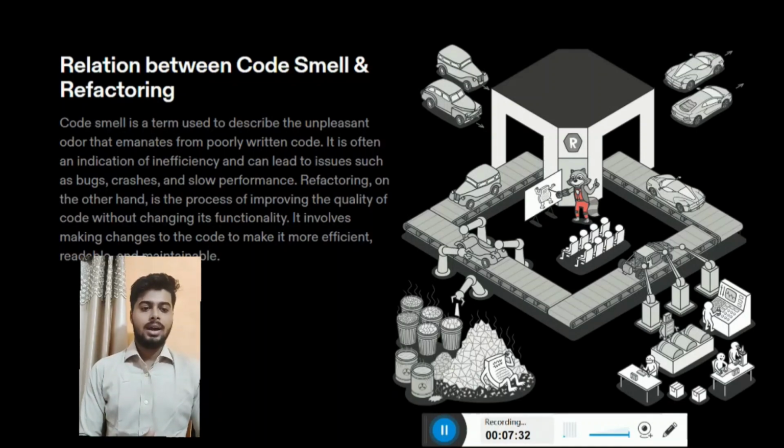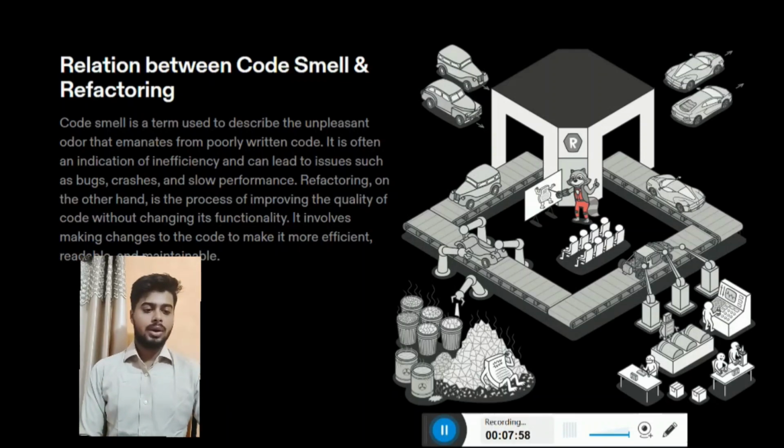It is often an indication of inefficiency and can lead to issues such as bugs, crashes, and slow performance. Refactoring, on the other hand, is the process of improving the quality of code without changing its functionality.